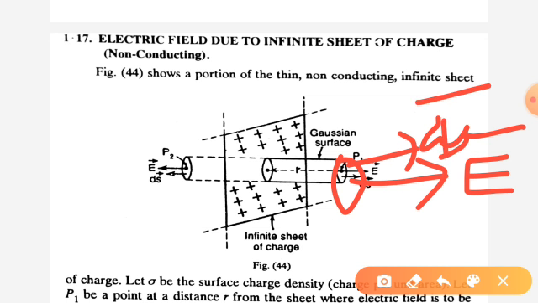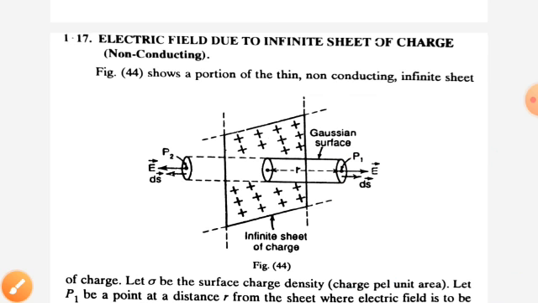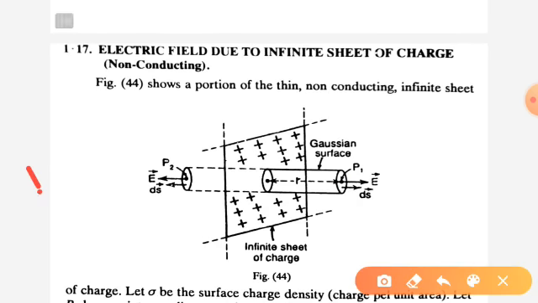The angle between them is 0, so cos 0 is 1. So the flux is phi equal to E into ds, in both cases.